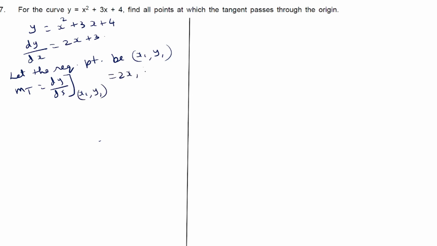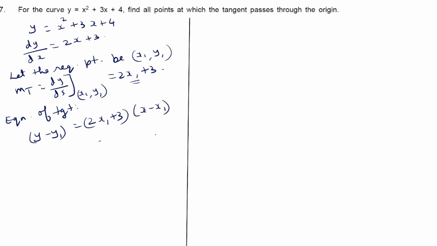So it will be 2x1 plus 3. And the equation of tangent will be y minus y1 equal to the slope of the tangent, this 2x1 plus 3, into x minus x1. So let us mark this as 1 and let us mark this as 2.